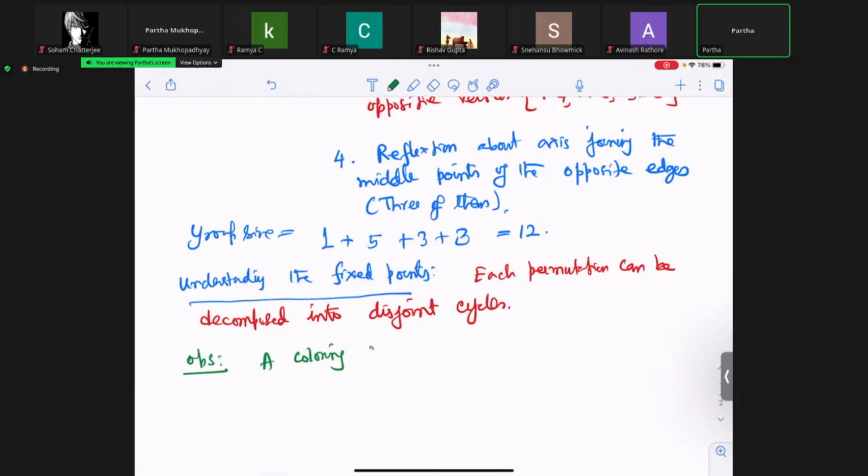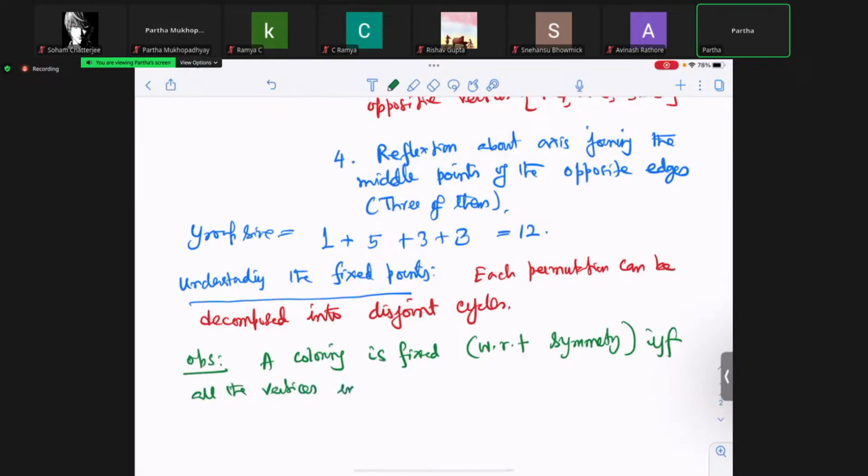A coloring is fixed with respect to the symmetry if and only if all the vertices in each of the cycles in the permutation have the same color.